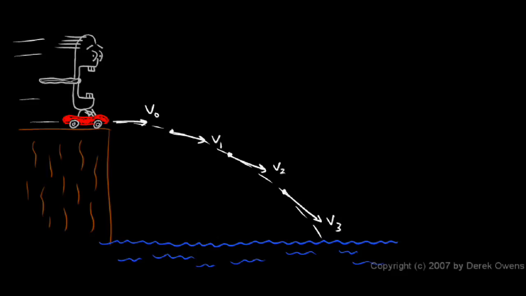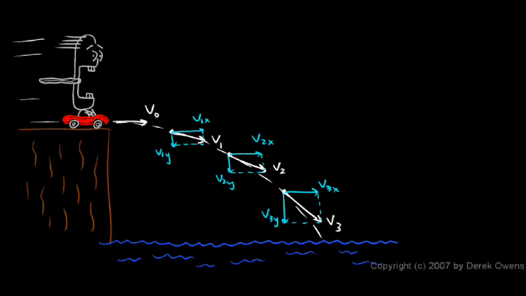Next, I'll say this. The horizontal velocity is constant. If I draw in the components of these velocity vectors, v1 is to the right and down. So I could call this v1x and v1y, and v2 over here has components to the right, v2x, and down, v2y, and then v3 here has a horizontal component, v3x, and a vertical component, v3y.